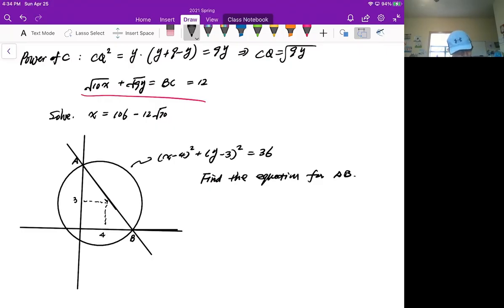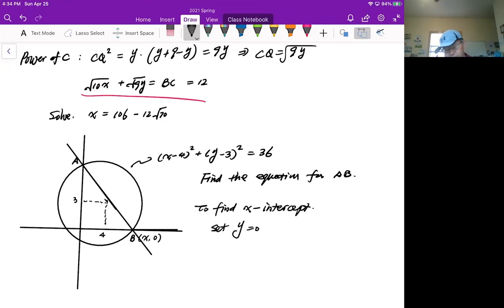So let's see. How do you find the x-intercept? I need to set y equal to 0. Why? Because for the x-intercept, here you get x and y is equal to 0.